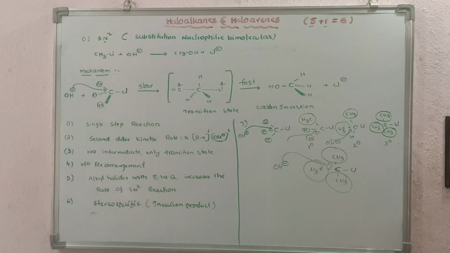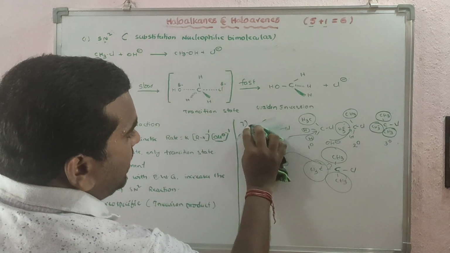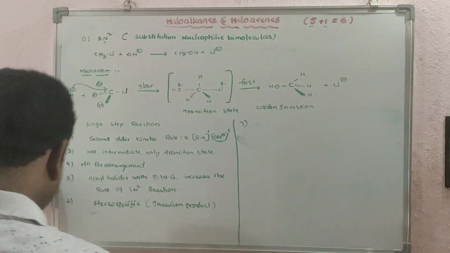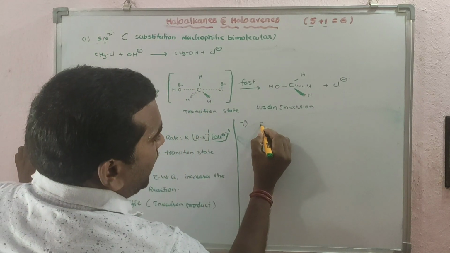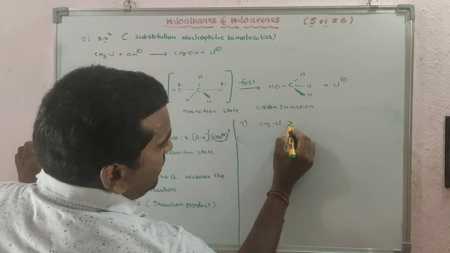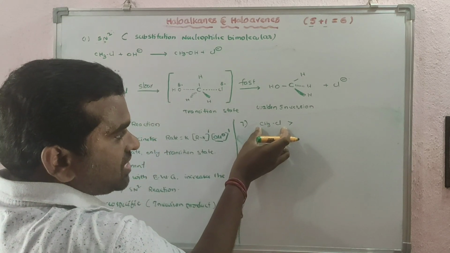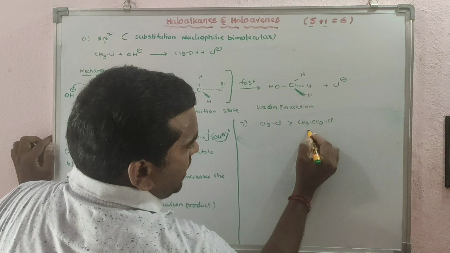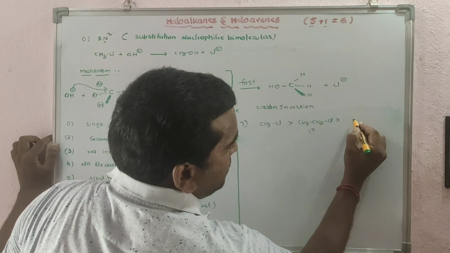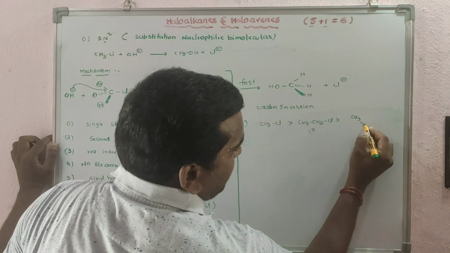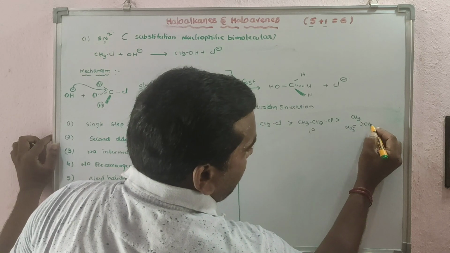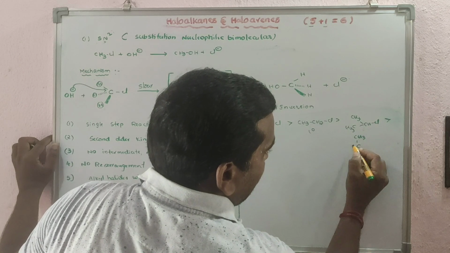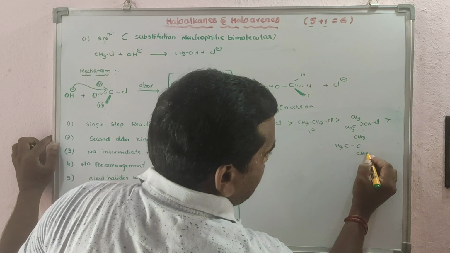So what is the order of the substrate in the SN2 reaction? You know that in the SN2 reaction, methyl chloride is involved very fast, and after that CH3CH2Cl, primary alkyl chlorides, and the next one is secondary alkyl chlorides, CH3, H and Cl, and the third one is tertiary alkyl halide, CH3 and CH3.